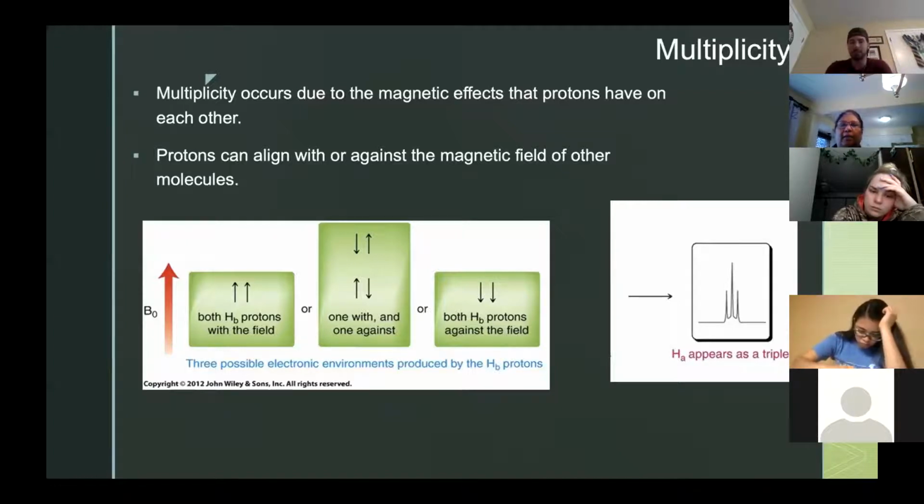Let me set this up for them. Here's an example of a case where HA is near two protons. If you look at the screen to the right, you see three peaks. So if you have two neighbors, it'll show up as three peaks.